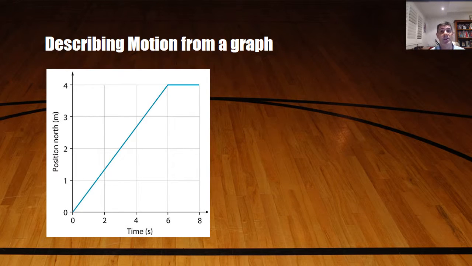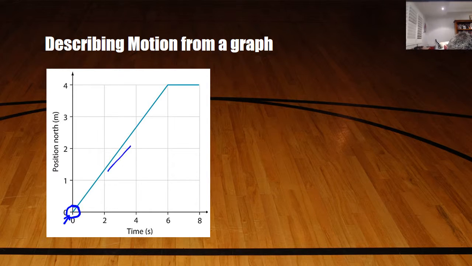One of the most important things that we are able to do is to describe motion from a graph. And I will give you a number of examples of graphs from time to time to help you to understand what is going on with a certain type of motion. If I was to give you a graph like this, then what I would want you to do is to highlight several sections from this graph. So at time 0, at the start, an object begins to be measured from a certain point.